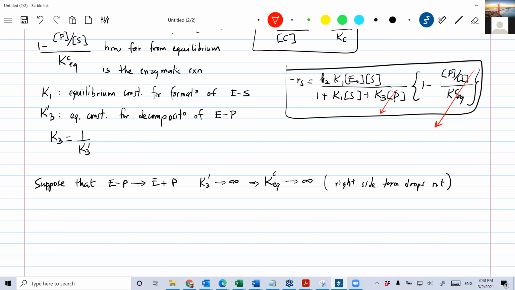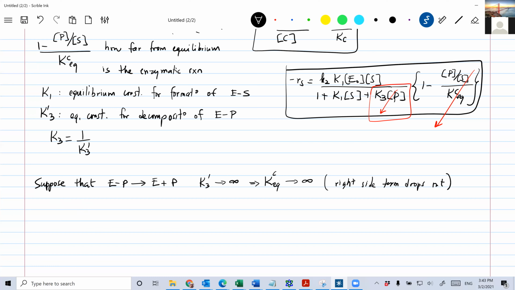But the one thing to keep in mind is that this term dropping out is a term that also refers to product inhibition. Essentially, what you can see from this equation is that if the product concentration is high, the rate will be lower.